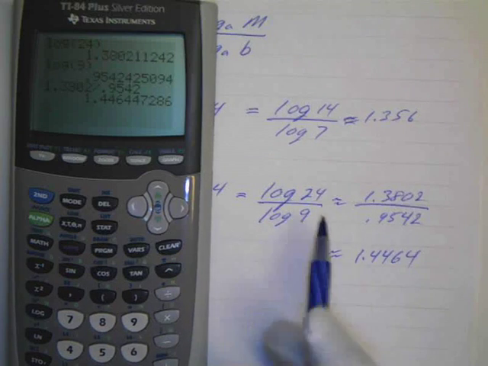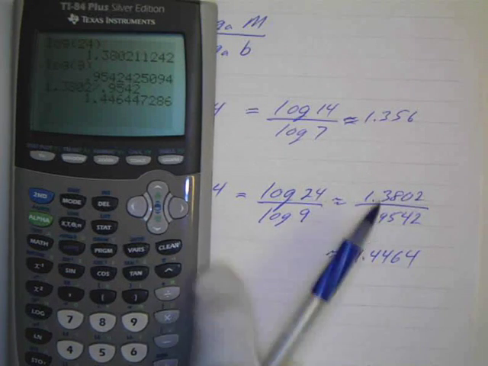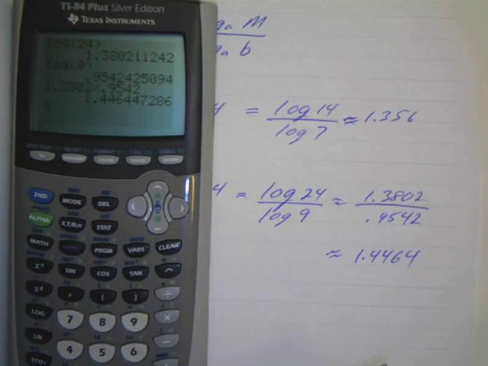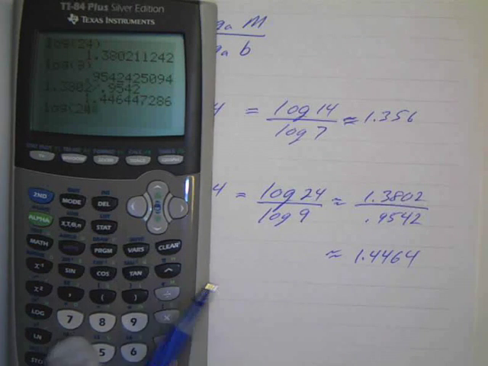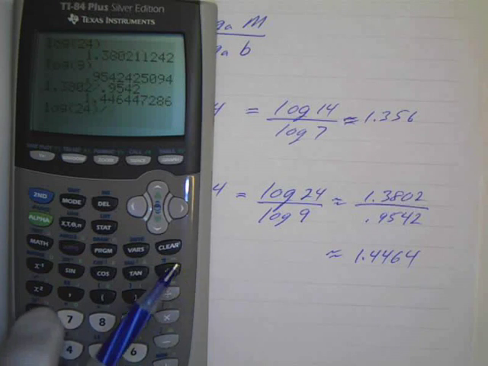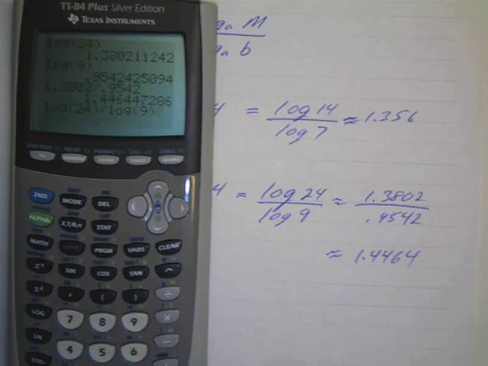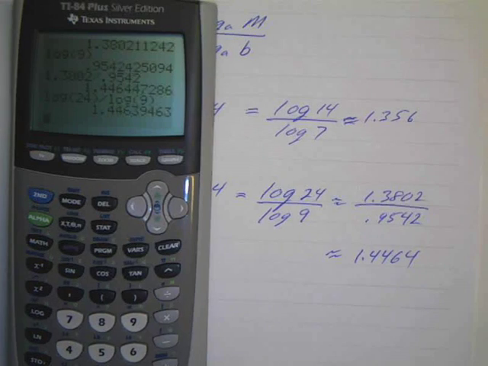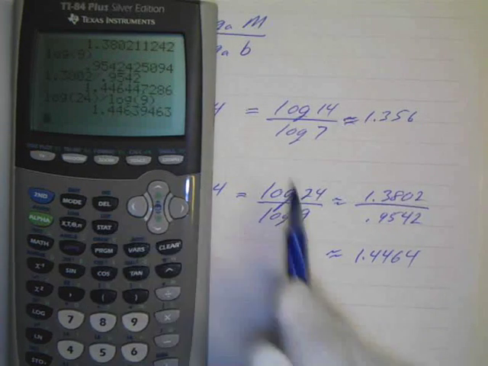In other words, if I just write the log of 24 divided by the log of 9, we get a little bit different decimals because I'm carrying out all these decimals.